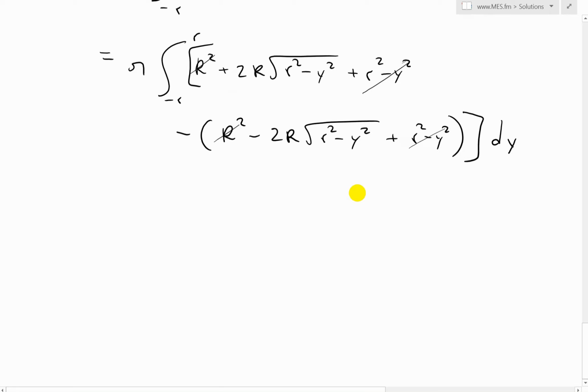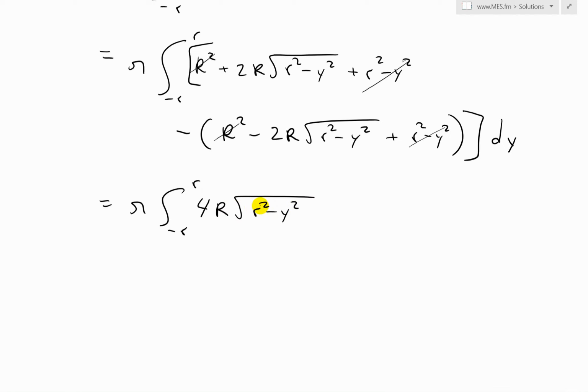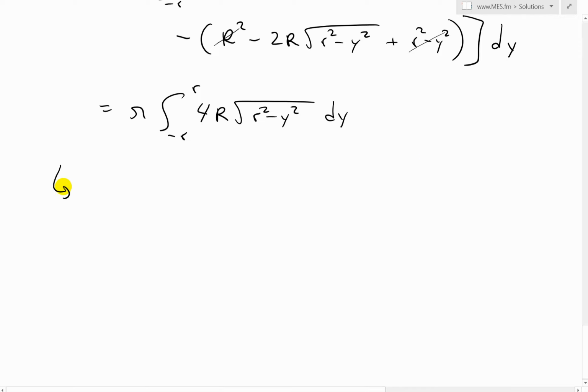So all we're left with is these added up, which equals pi times the integral from negative r to r of 4r square root r squared minus y squared dy. Everything else cancels out. So I'll write this more neatly: we have volume equal to 4r pi, or 4 pi r, just to make it like that.